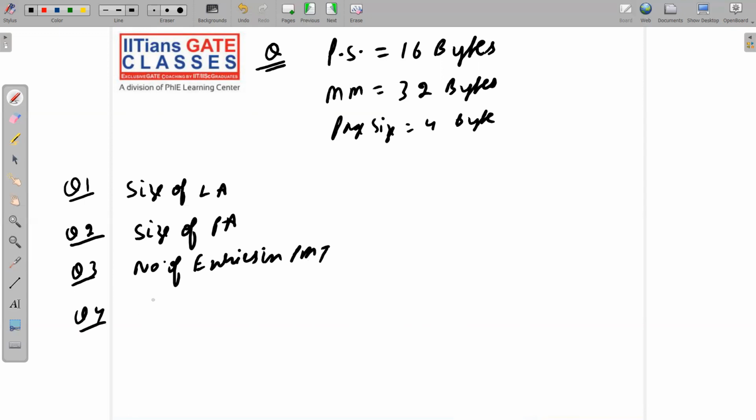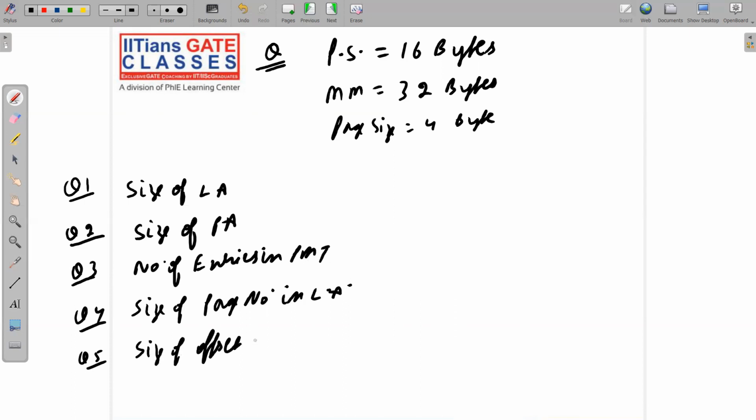Question number four, size of page number in logical address. Question number five, size of offset in physical address. Question number six, size of PMT.